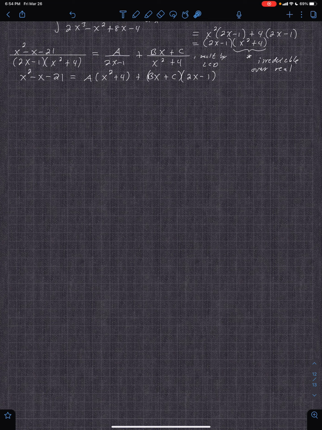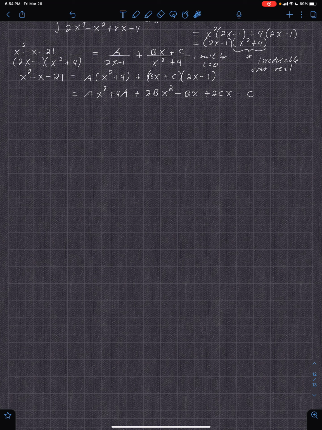So let's do that. So this is equal to ax squared plus 4a, and then plus 2bx squared minus bx, and then plus 2cx minus c.